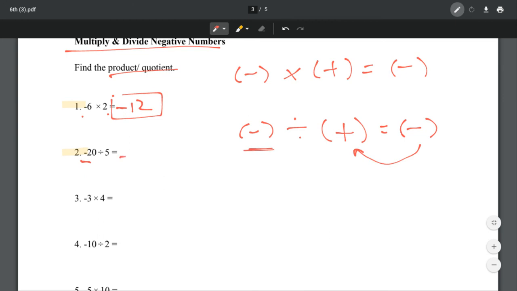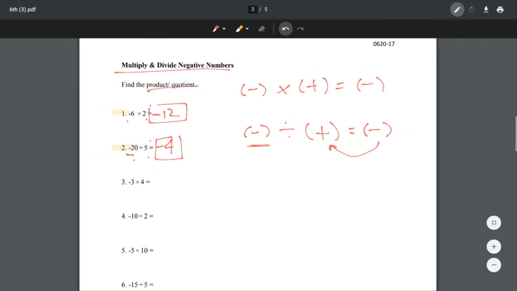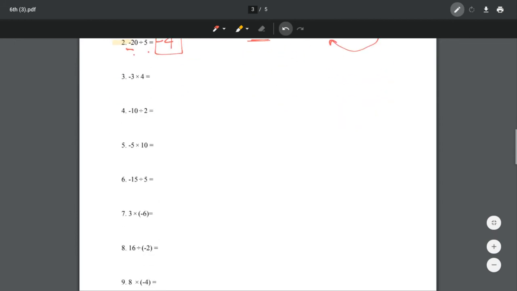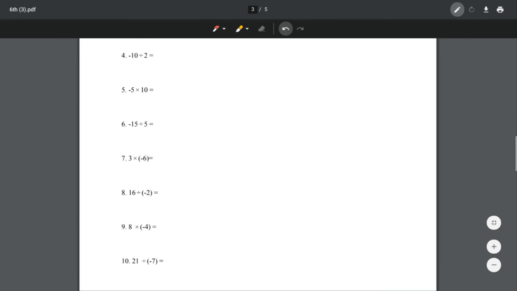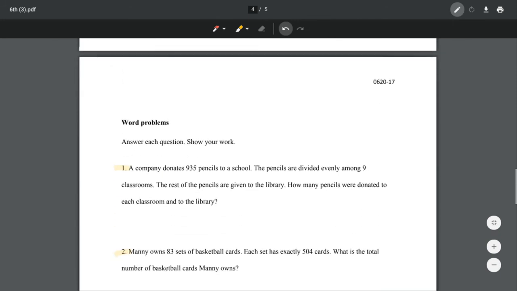So again, we put a negative sign. And then we simply do 20 divided by 5, which is 4. So that's it. Simple and easy multiplication and division. Finish this page. And then let's move on to our last page.